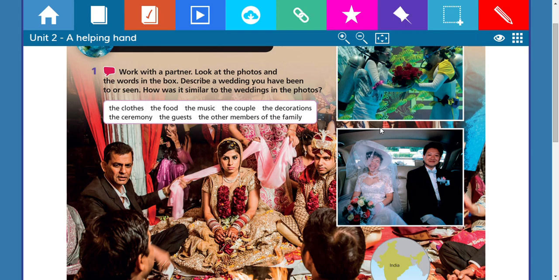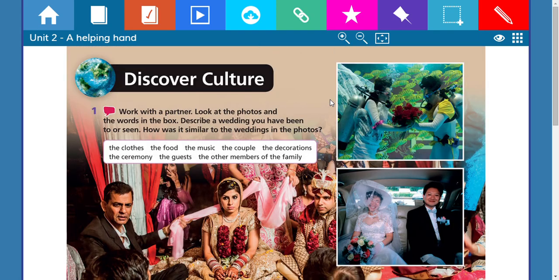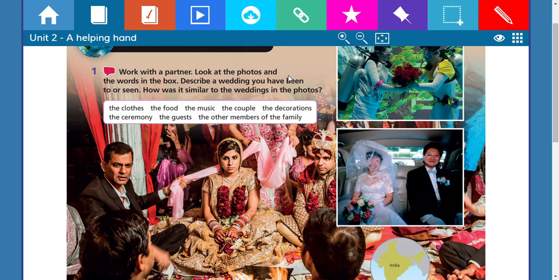The question is, what's the topic about? What are these pictures about? Could be a party. Yes, it's a possibility. Could be a wedding. Yes, it's a possibility.